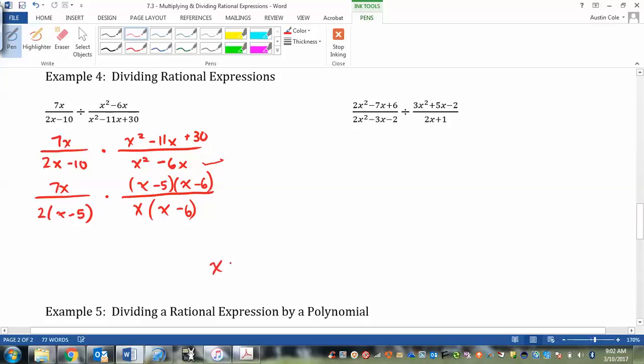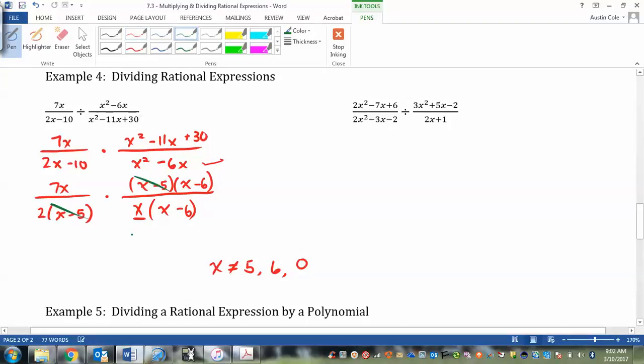Okay, so x cannot equal what values here? 5, 6, and we need to remember that one, 0. Because if that's 0, everything's going to be 0. Okay, now I can go ahead and start canceling.